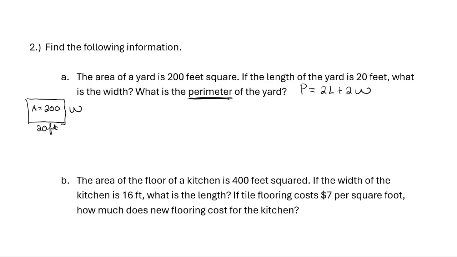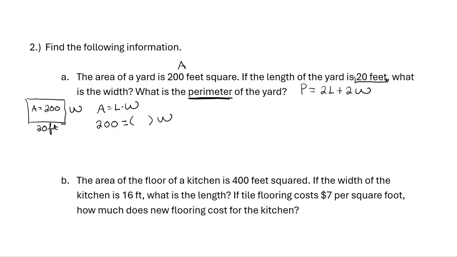Okay, so the area for a rectangle or square is A equals length times width. So once I have both formulas and my picture drawn, I'm ready to start solving. So I'm given my area, which is 200, equals, if the length of the yard is 20 feet, so we've been given length and we're finding width.